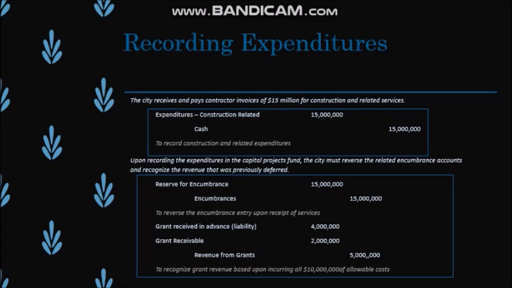Upon recording the expenditures in the capital projects fund, the city must reverse the related encumbrance accounts and recognize that the revenue was previously deferred. So we are going to debit reserve for encumbrances for $15 million, and then our encumbrances will be credited for $15 million. And this is to reverse the encumbrance entry upon receipt of services.